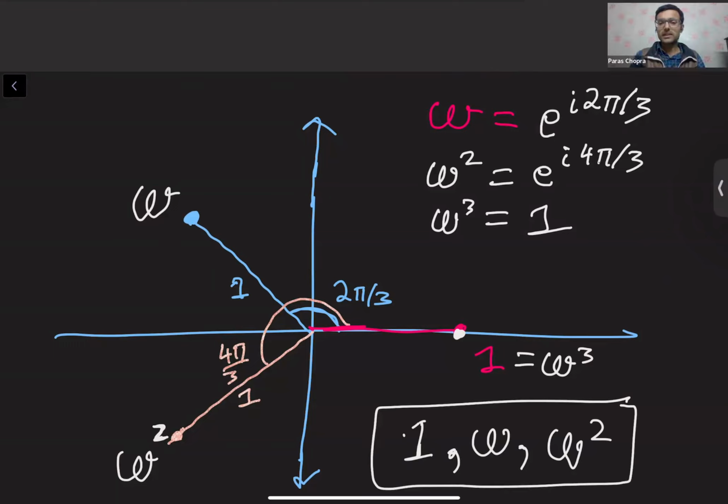In the real plane there is only one cube root of 1, but in the complex plane there are three cube roots of 1. Okay. Okay, so is this concept clear? Okay. What will be the value of omega 11?